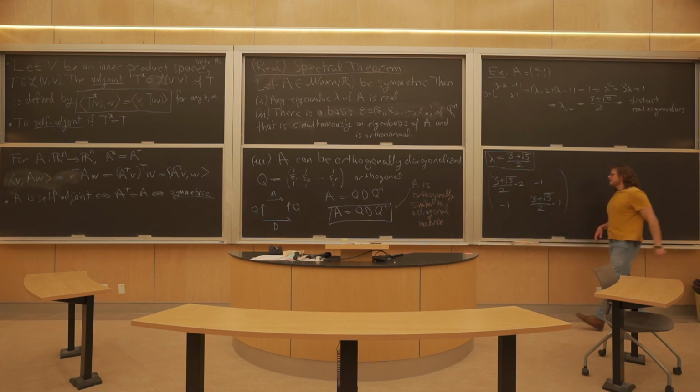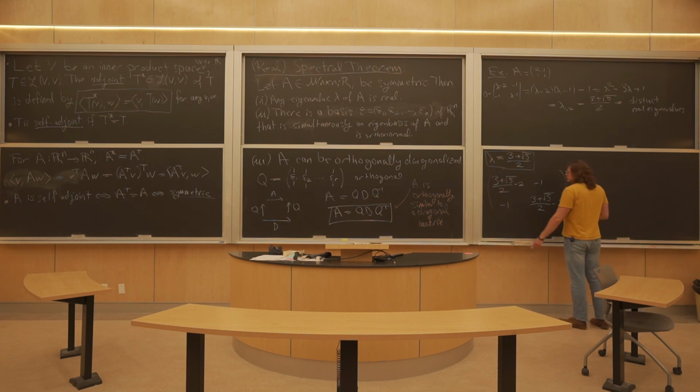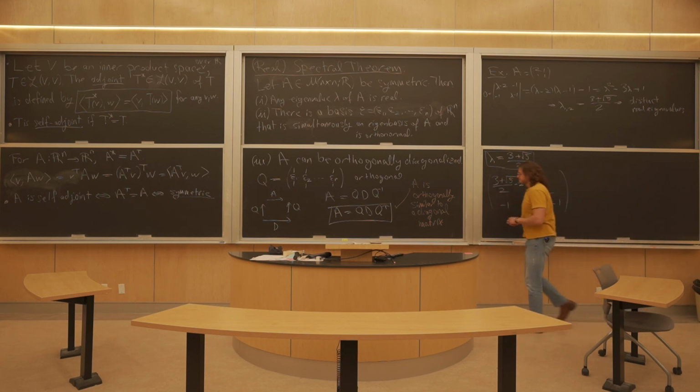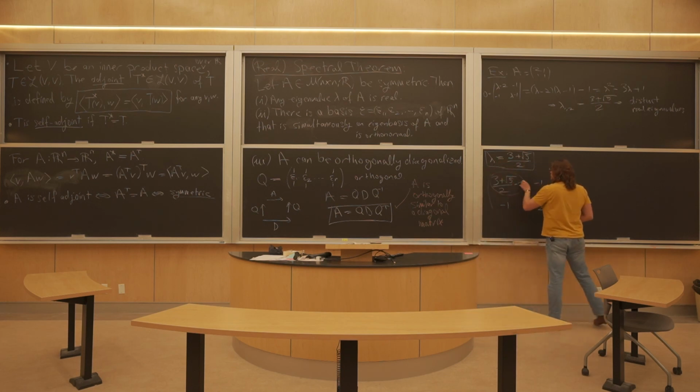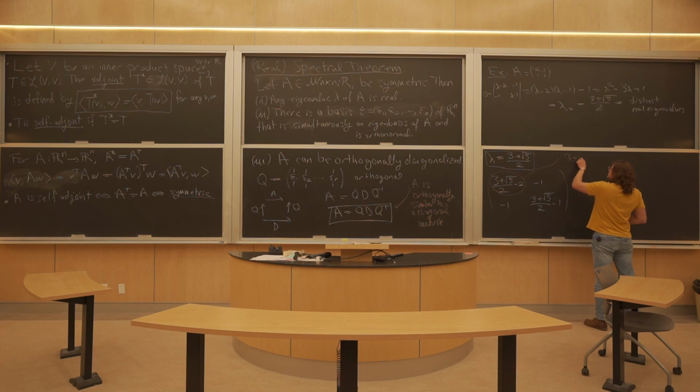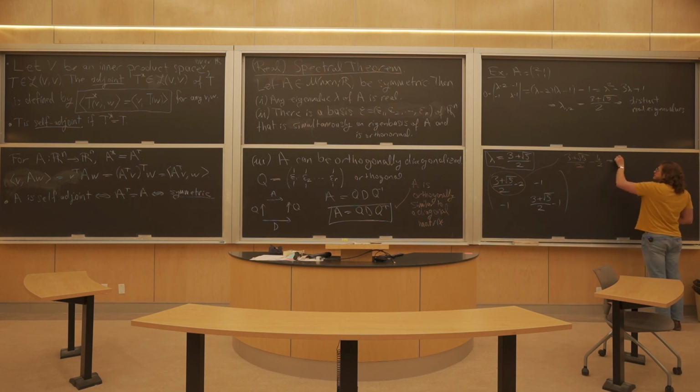So this is my matrix. I want to find a vector in the null space of this matrix. Let's do this. So this number is (3 plus root 5) divided by 2 minus 4 divided by 2, which is the same thing as (minus 1 plus root 5) divided by 2.